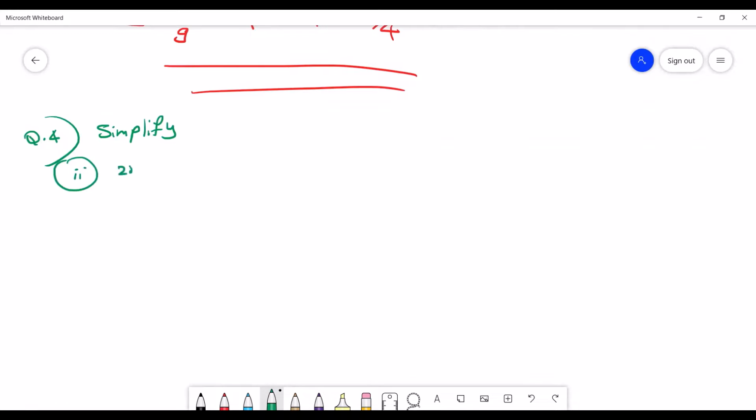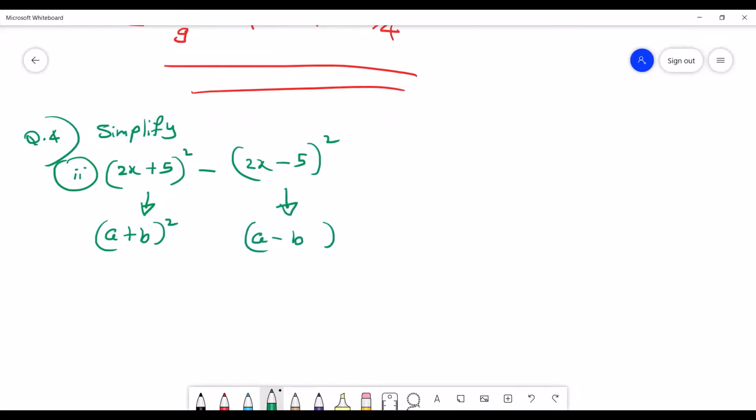Second question is (2x plus 5) whole square minus (2x minus 5) whole square. In the first expression here we can apply (a plus b) whole square, and here we can apply (a minus b) whole square.